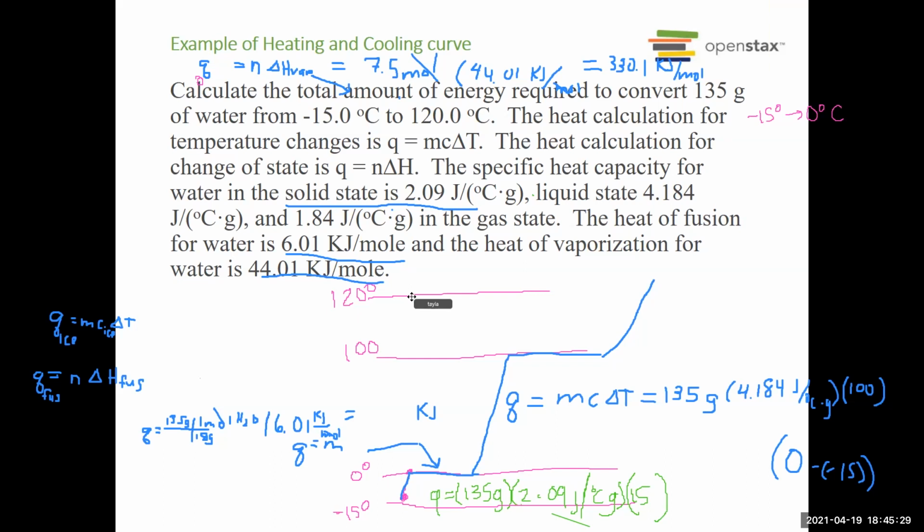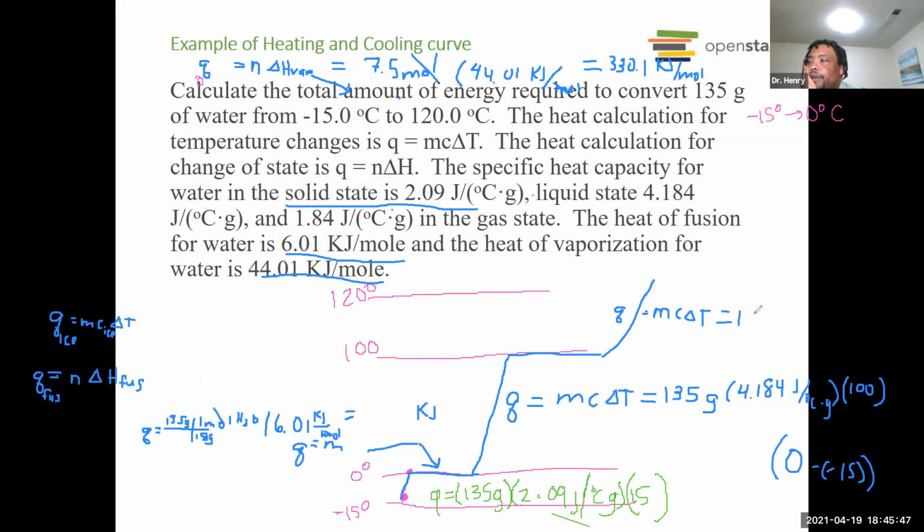MC delta T. Okay, so then that's going to be 135 grams times, in this case, the gas state, 1.84 joules per Celsius gram.